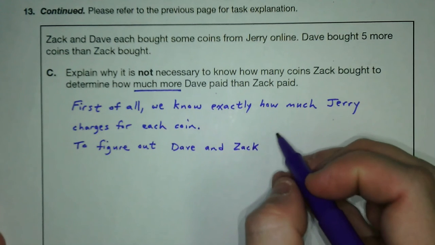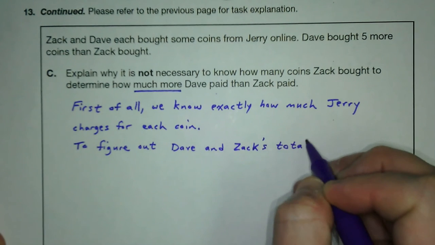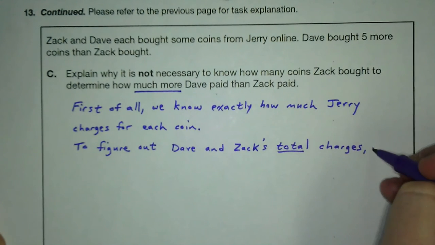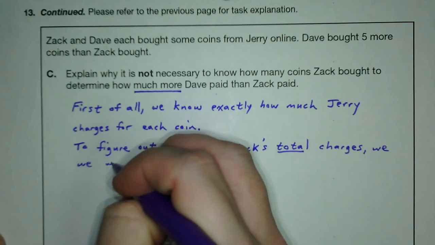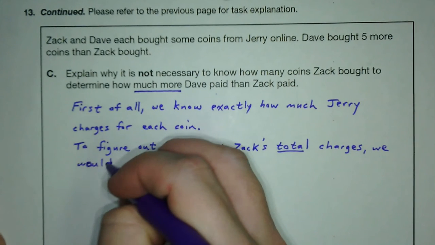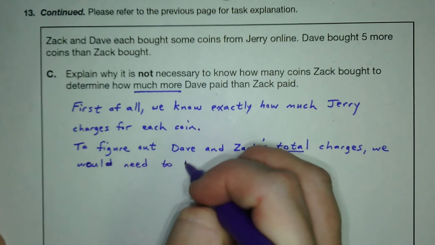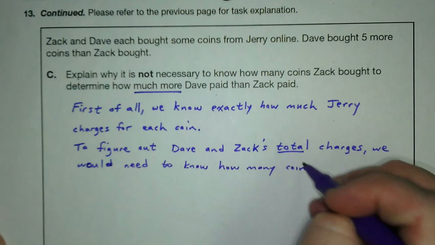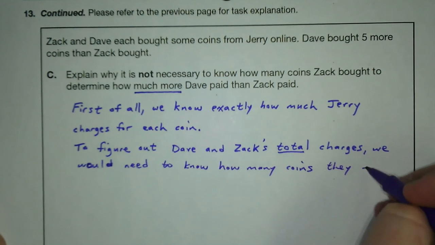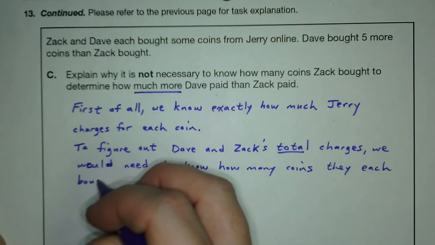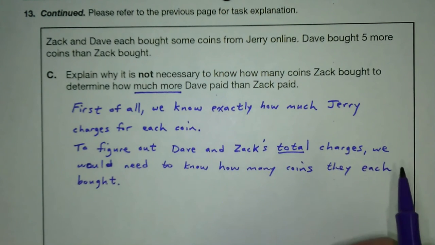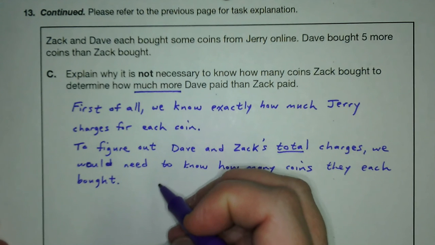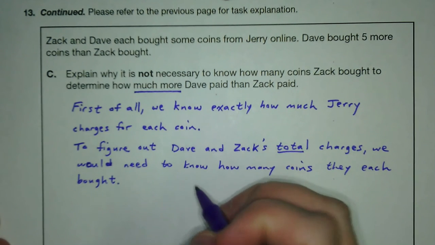To figure out Dave and Zach's total charges, we would need to know how many coins they each bought. Explain what is known as how many coins.